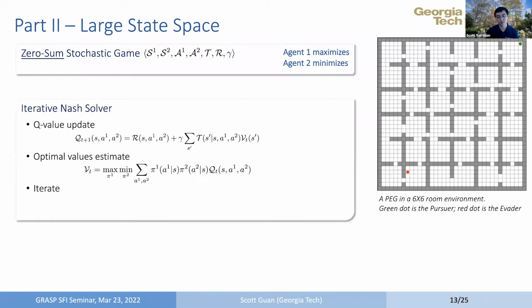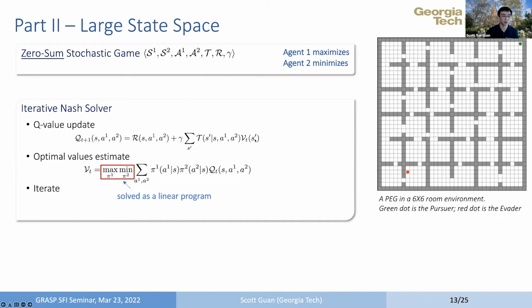To solve the Nash equilibrium for such a game, we have a very classic iterative Nash solver, essentially a value iteration algorithm, also known as the Shapley method. The following is essentially the update rule for this algorithm.